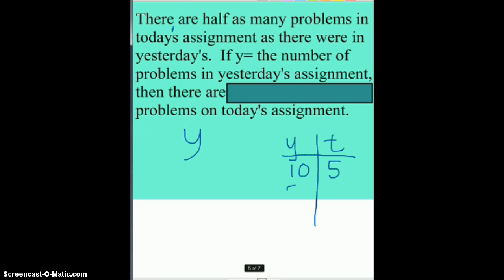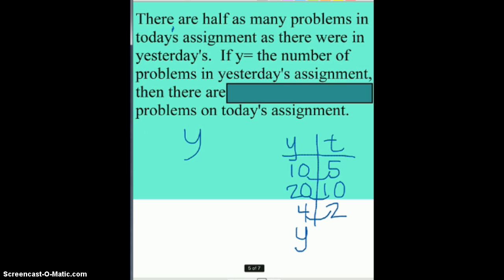If yesterday there were 20 problems, then today there would be 10. If yesterday there were only 4 problems, then there would be 2. Now if we say yesterday there were Y problems, how were you getting from yesterday to today's number? What were you doing?